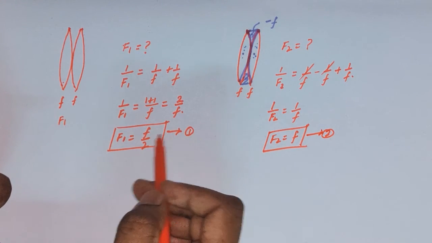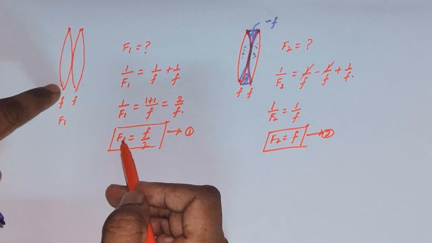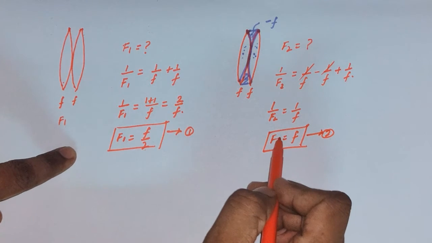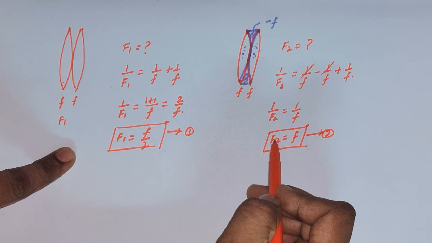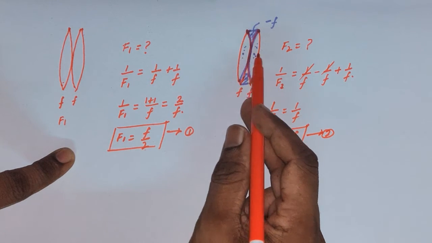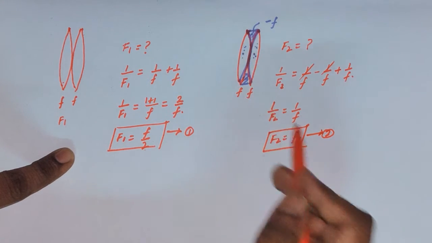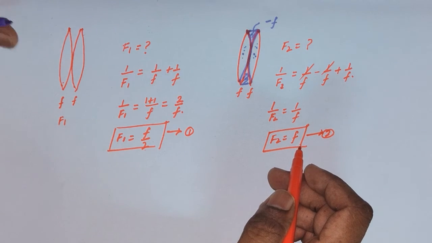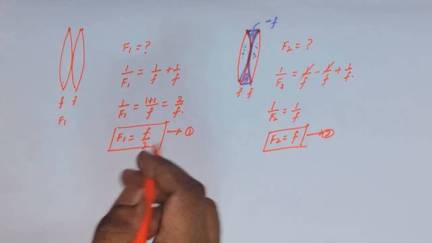Equation number 1 represents the resultant focal length of the combination of two convex lenses, that is f by 2. The second, F2, represents the resultant focal length of the combination of three lenses, two convex and one concave; the glycerin is acting as a concave lens. Now what they are asking is the ratio F1 divided by F2.